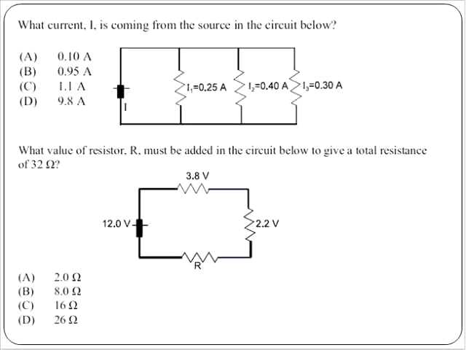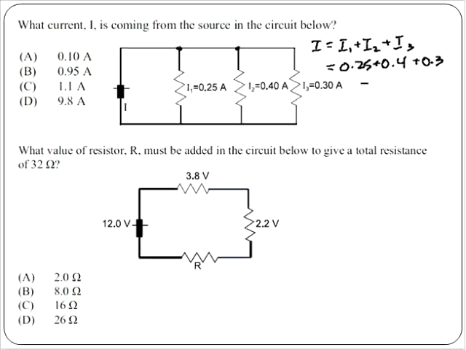Remember now, we have junction points, right? So the current is going to leave the battery, and it's going to come here and split, and it's going to go here and split. So essentially what happens is it splits three ways. So the total current coming from the battery splits three ways. So I have to say it's I1 plus I2 plus I3.